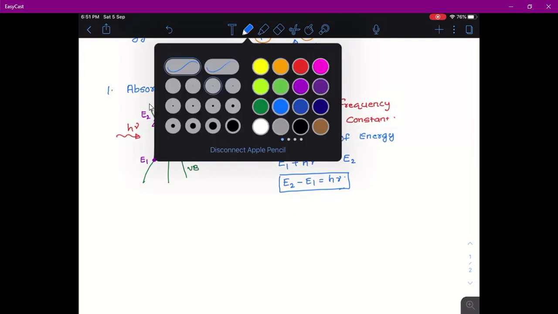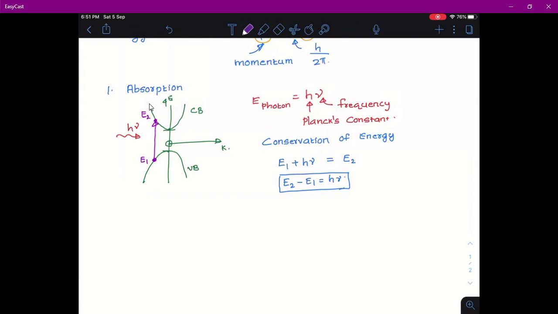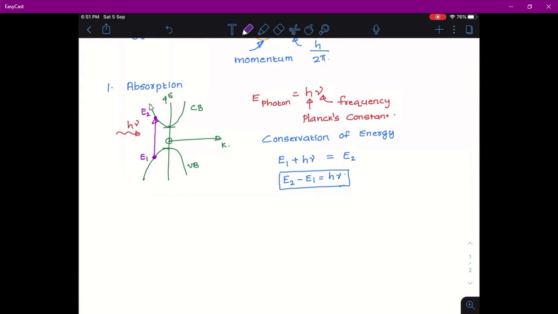Now, using absorption, you can design photodetectors. In a photodetector, you will have a photodiode, and when you hit it with some kind of light, it will produce a current, called the photocurrent, through the load. The load can be a resistor.